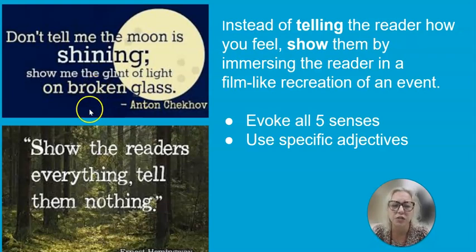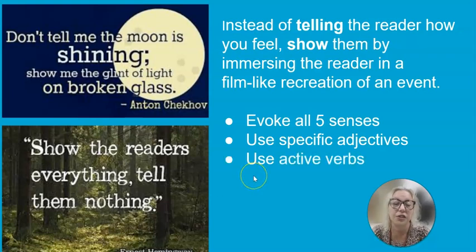So you want to use specific adjectives like that. A good way to know if it's not specific is, is it a wonderful adjective? The word wonderful is not specific because it doesn't create the same picture for each reader in their mind's eye. Broken, however, creates something very similar for each reader. That's what it means to use specific adjectives.